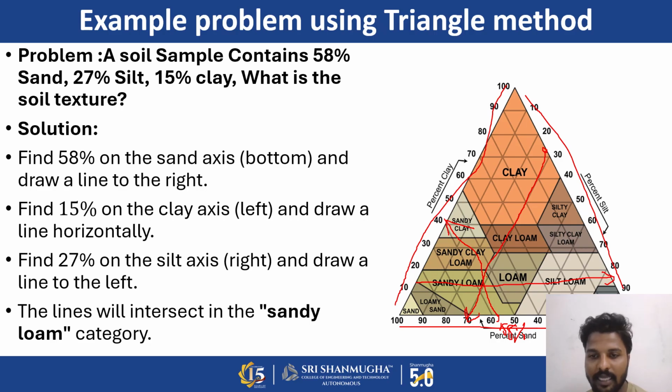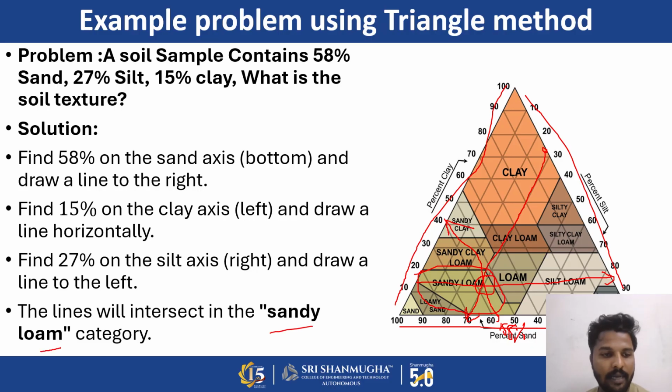Okay, so finally the intersection point is located at the sandy loam zone, that is in green color. So the given soil sample is called sandy loam. So finally the lines will intersect at the sandy loam.